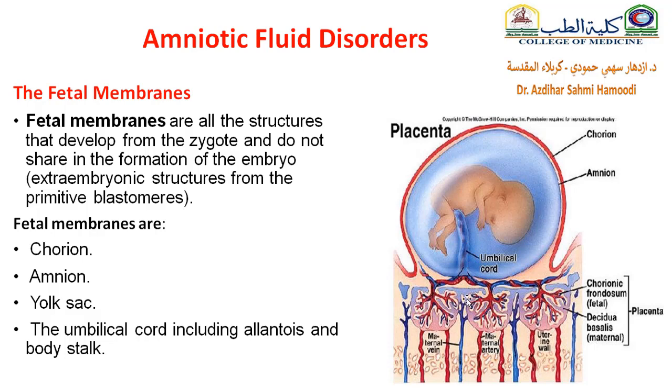Here the umbilical cord and the placenta with the chorionic plate from the fetal side. Here the maternal side, the endometrium, decidua, and maternal vessels. And here the feto-maternal circulation through the placenta.